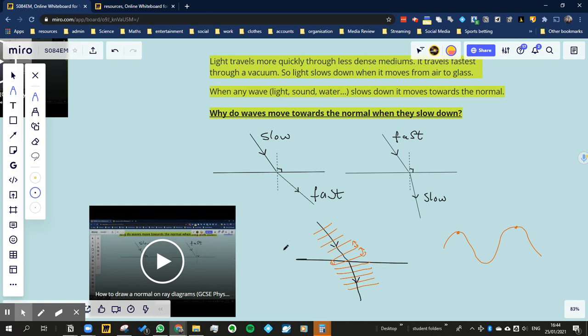Where it's going from fast to slow, it could be going from air to water or from air to glass. So if this was light, we're talking about it going from a less dense to a more dense medium. But for all waves, it's going from fast to slow.